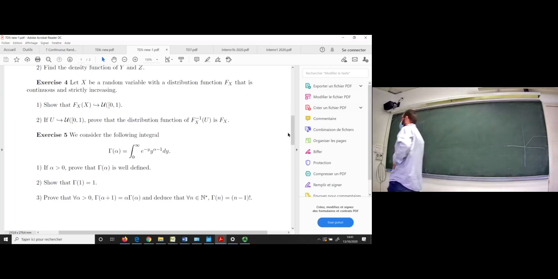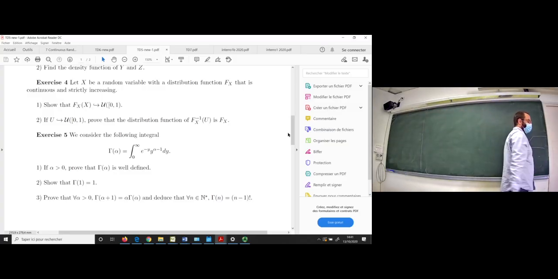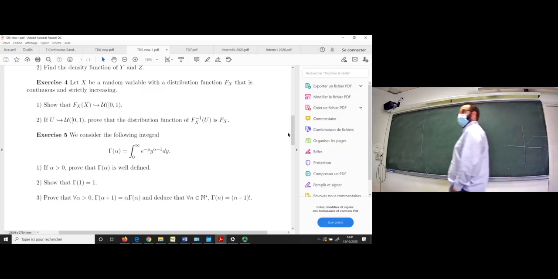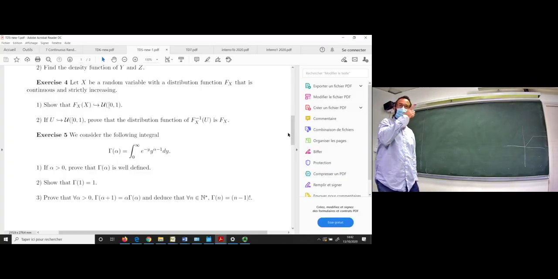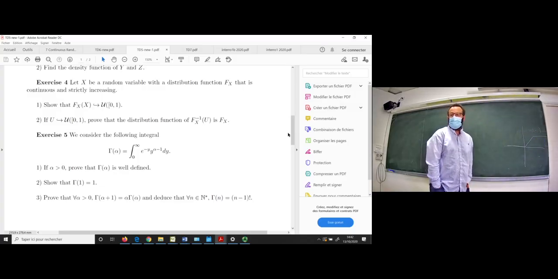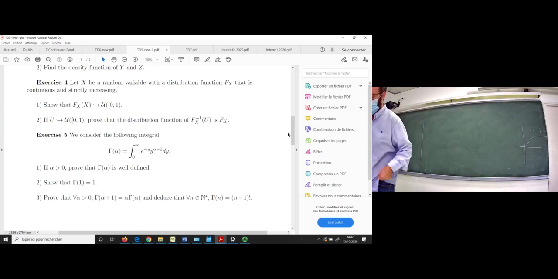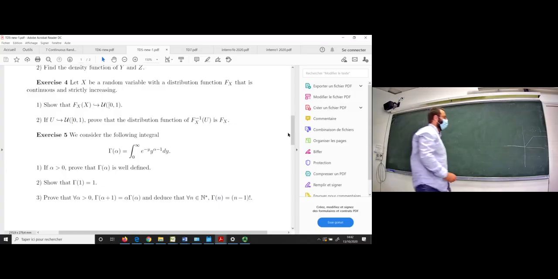Okay? For the exponential, I have more or less the same kind of thing, because for negative values I am 0, and then I have something that is strictly increasing. So the only case is the Gaussian one that fulfills this statement. If I plot, for example, the distribution function of the exponential of parameter lambda, because I don't have colors in the room, so I have in my pockets.